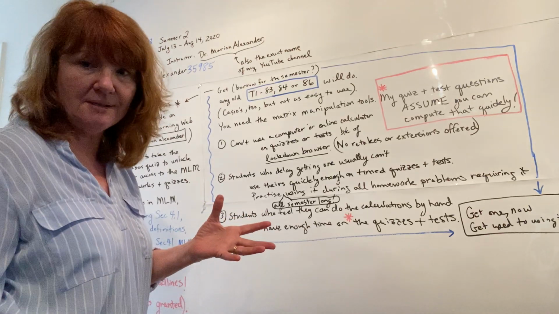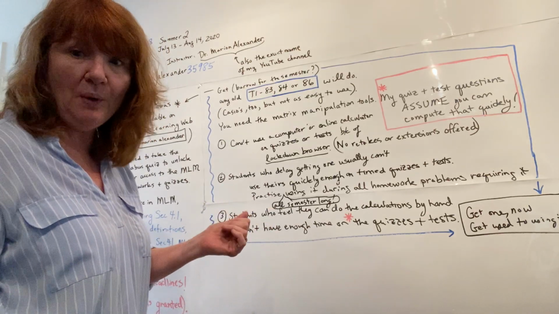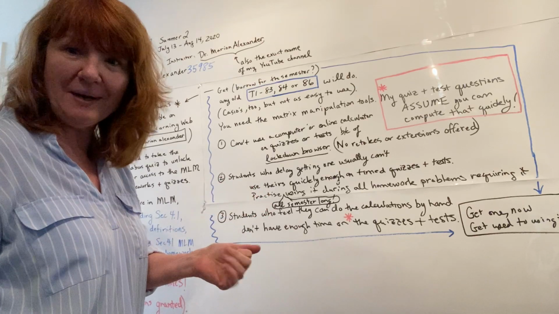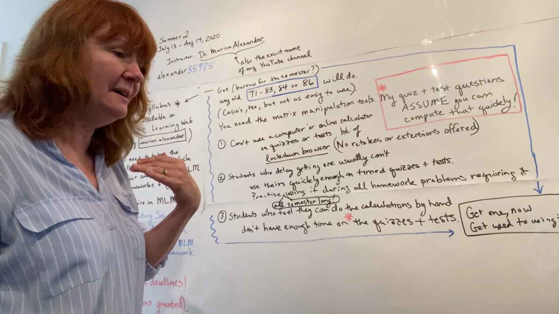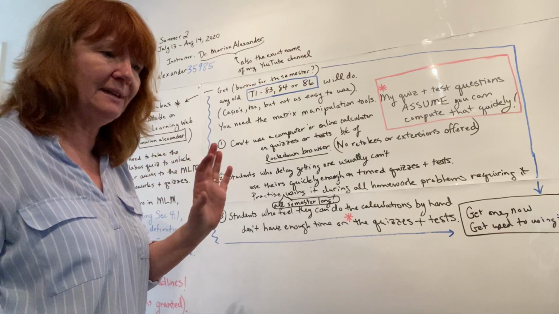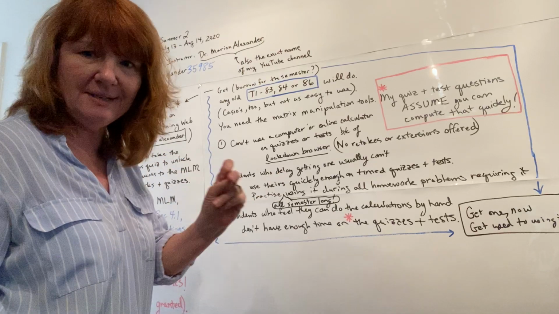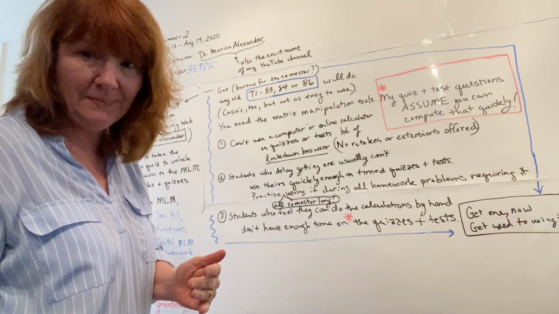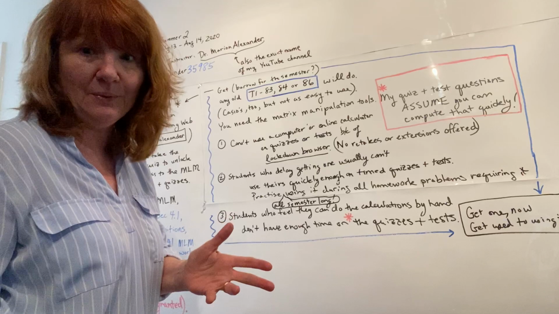My tests and quizzes are designed assuming you have one of those, and that you know how to use it quickly. So the tests are geared assuming that computation is handled like that and the theoretical work is where you need to spend your time. So you really can't survive without one.